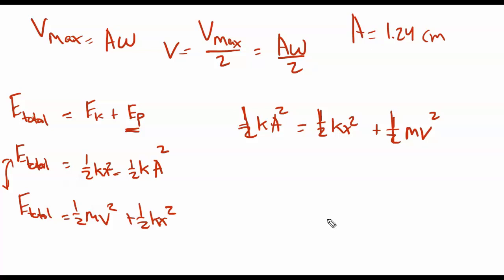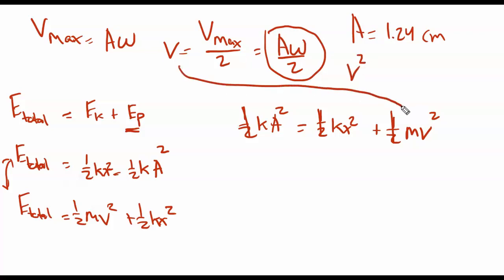And at this point, it might look like we're stuck, but remember that the specific v I'm trying to find is this v right here. And so if I take this v and plug it into the equation down here, then remember v squared would be a squared times omega squared divided by 4, because if you square v, you have to square every single term in here.